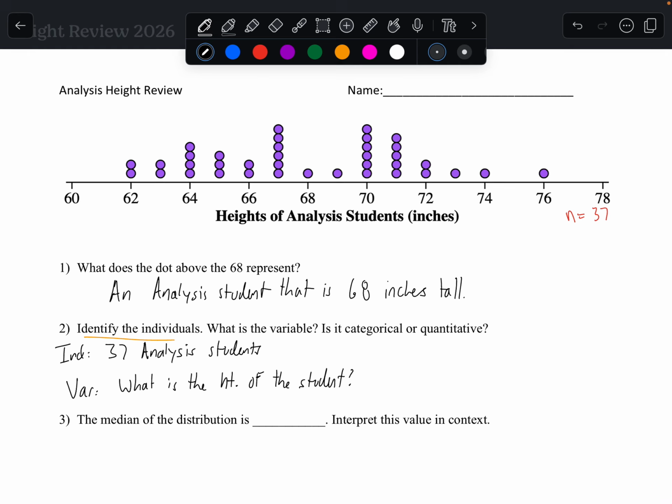Remember, most number answers are quantitative as long as they can be averaged. So the answer here, 64 inches or 70 inches, those are number answers, and it would make sense to think of the average student being this tall. And so these are quantitative values.